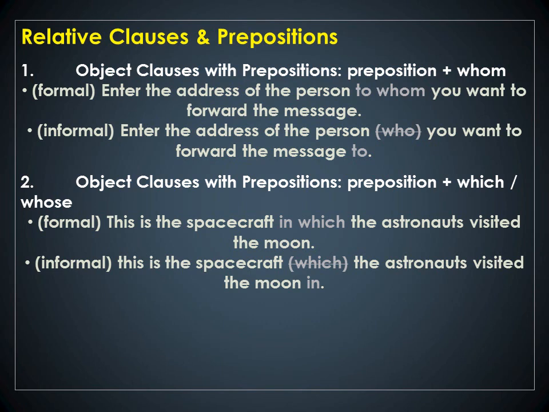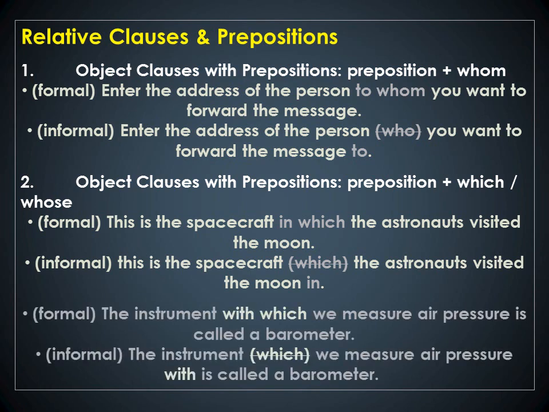More examples for you. The instrument with which we measure air pressure is called a barometer. So see, in this case we use with, because with is a dependent preposition that goes with the verb measure. You measure something with a tool, an object, okay?